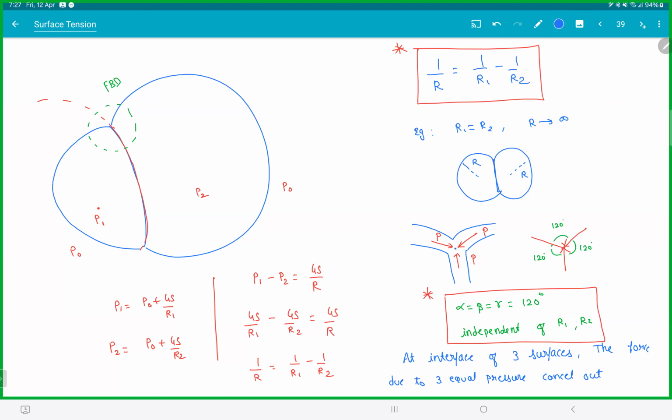Check it out. Clear? Next one. Oh, you didn't get the 120 thing? Yasha, clear na? Aditya? Anusha? Ishan, clear na? Ali? Great. Next one.